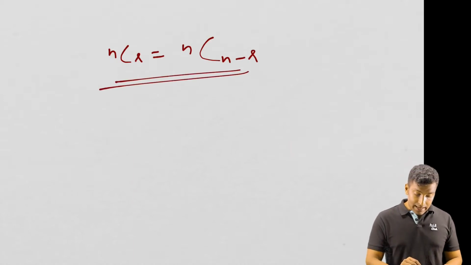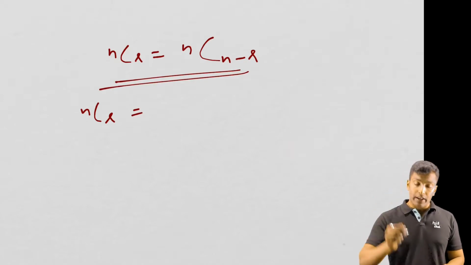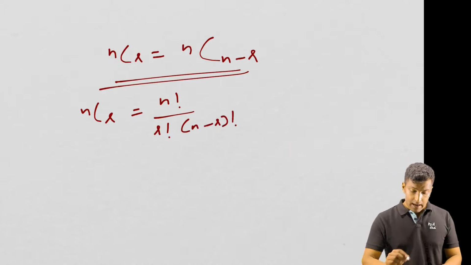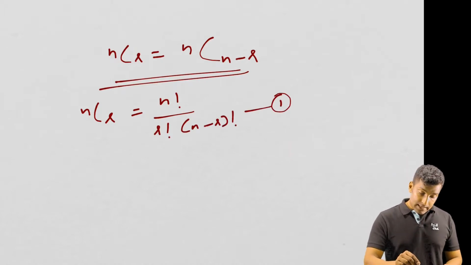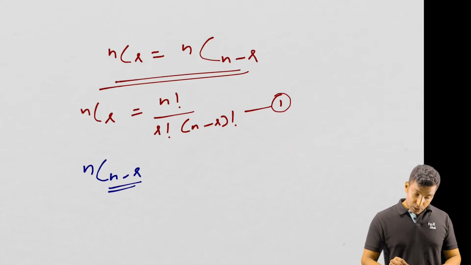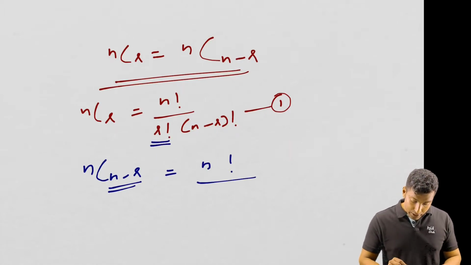So what is the left hand side? nCr. We know that nCr is equal to n factorial divided by r factorial into n minus r factorial. Let's keep it as 1. Now let's take nC(n minus r). Here instead of r it is n minus r. So it will become n factorial divided by, instead of r factorial, n minus r factorial.